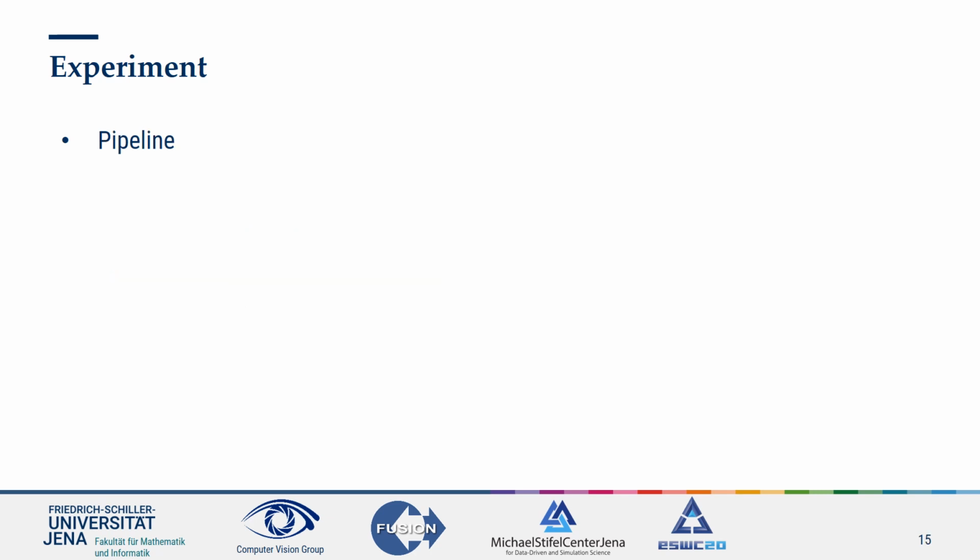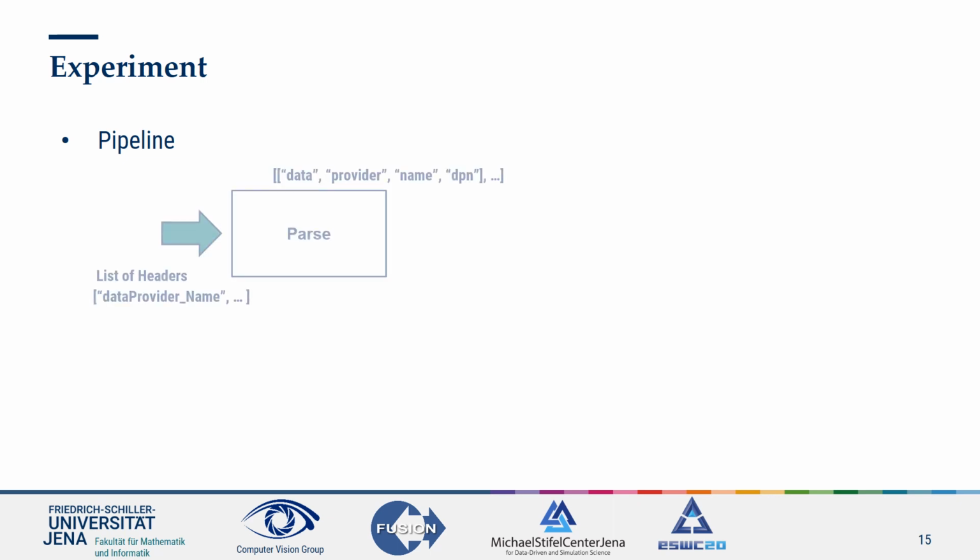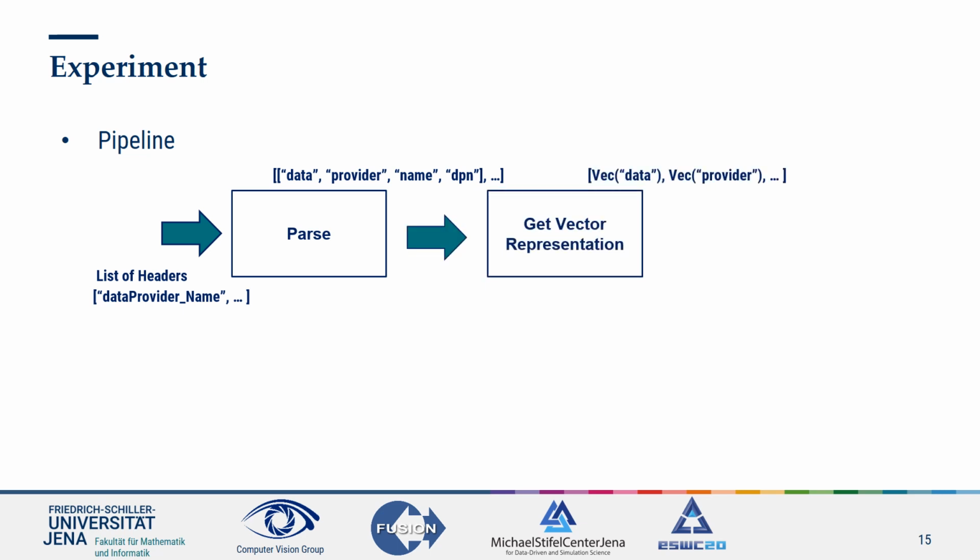The pipeline behind our experiments consists of several steps. At first, a list of headers is fed into a parser, which tries to find the words inside a human-made header. The list of words is then converted into vectors.